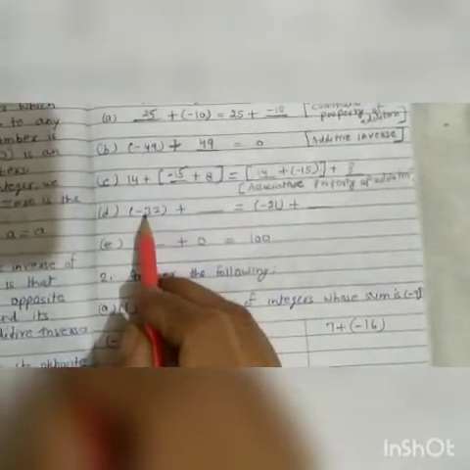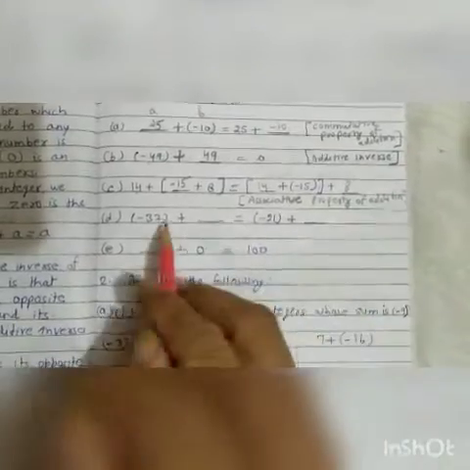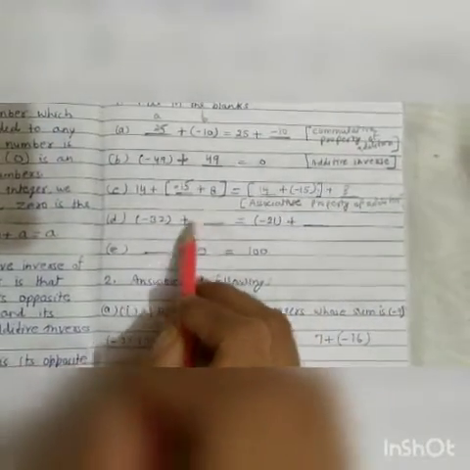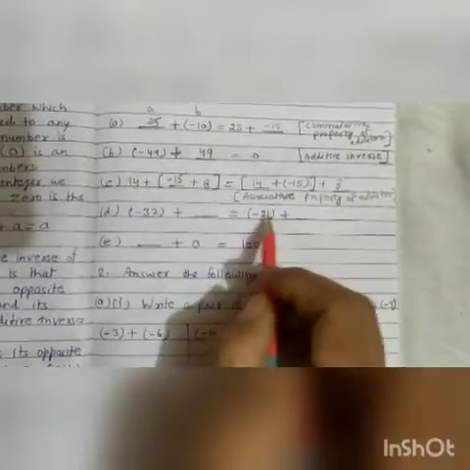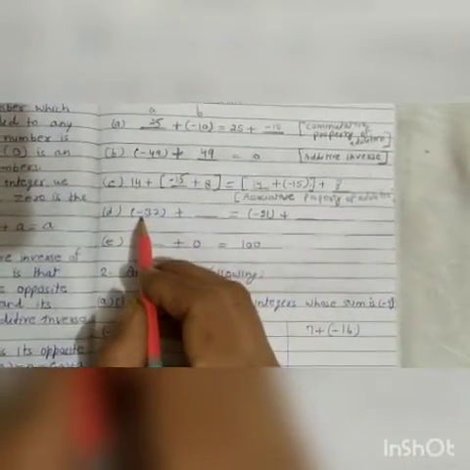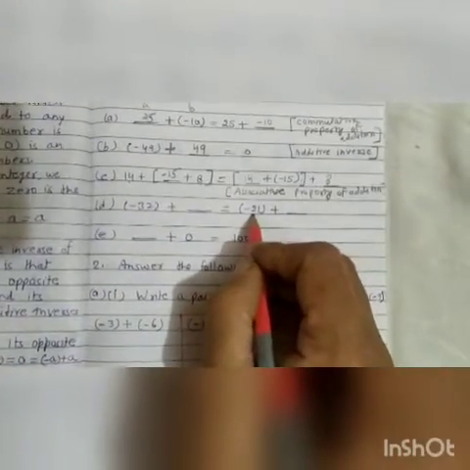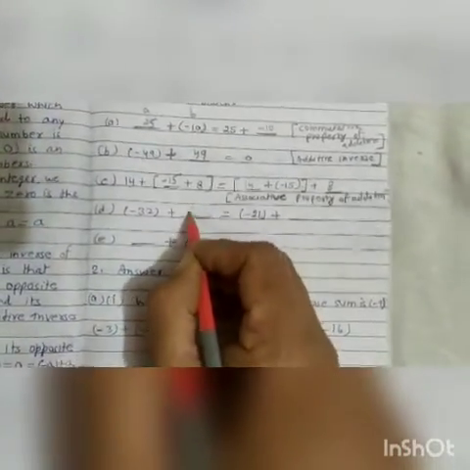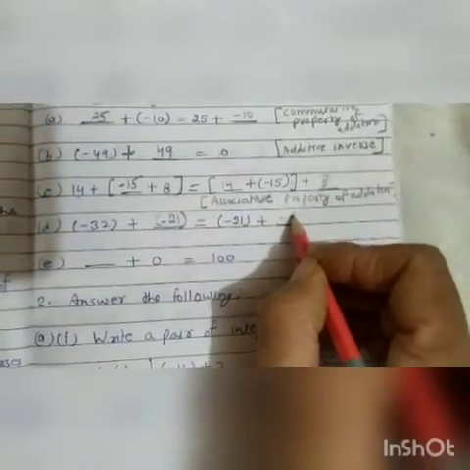It is minus 32 plus blank, equals minus 21 plus blank. Again, on the left hand side there are two integers, and here also two integers. If we compare both, here it is minus 32, in the second blank, and here it is minus 21. So we can write this minus 21 here and this minus 32 on this side.